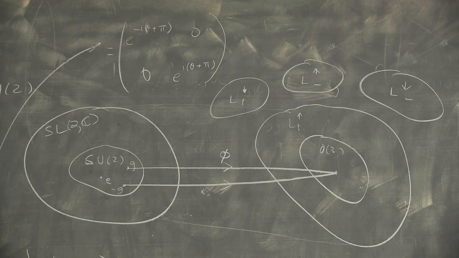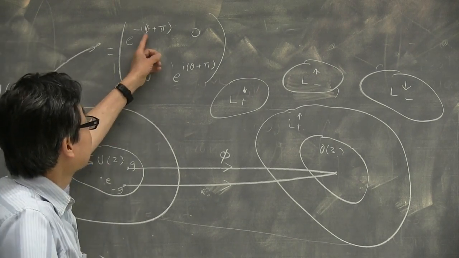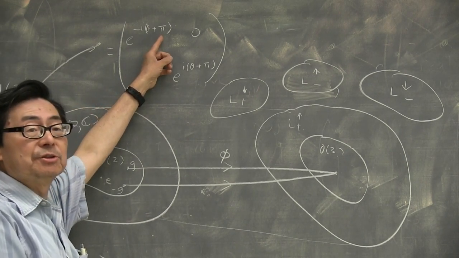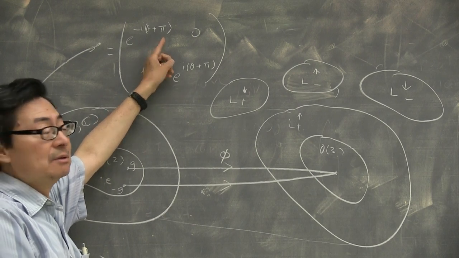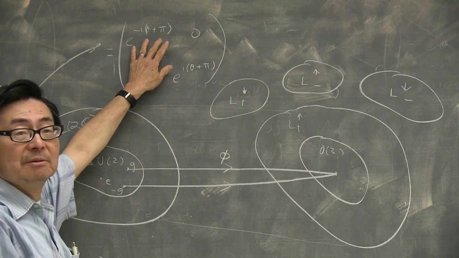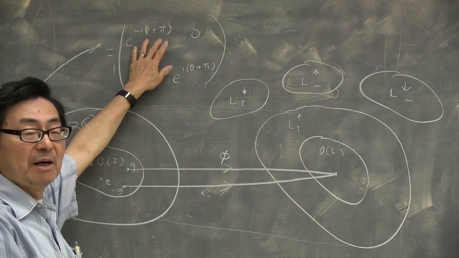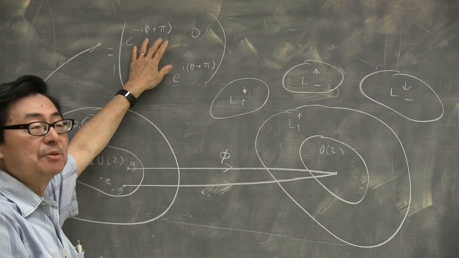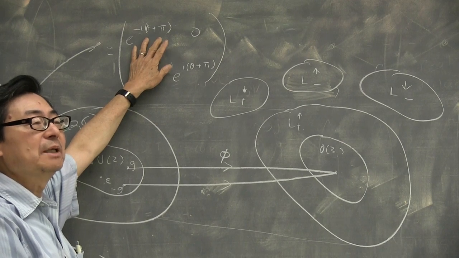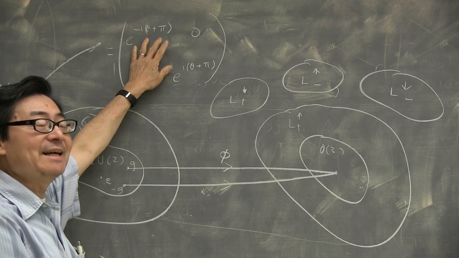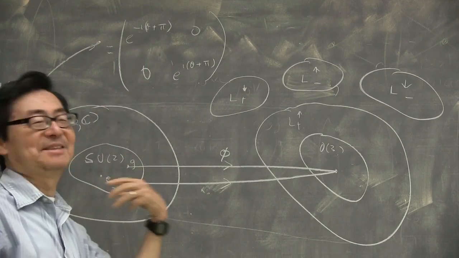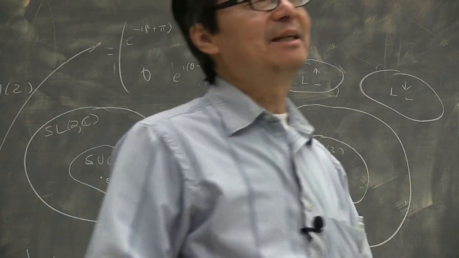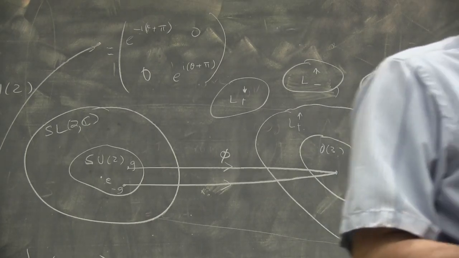Now, you know that no matter what angle it is, it represents a rotation about the third axis by 2 times that angle. So what is 2 times that angle? 2 theta plus 2 pi. A rotation by 2 theta plus 2 pi is exactly the same as a rotation by 2 theta. So it's the same thing, and you can verify that explicitly.